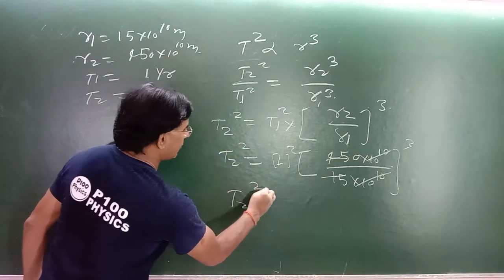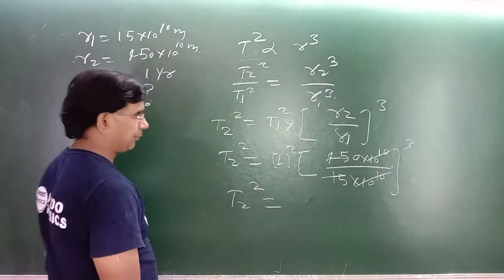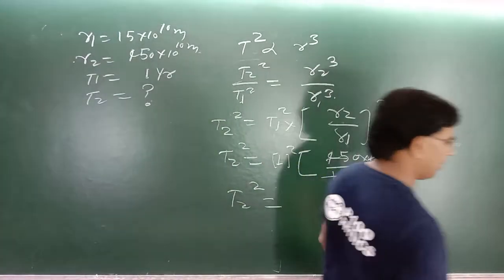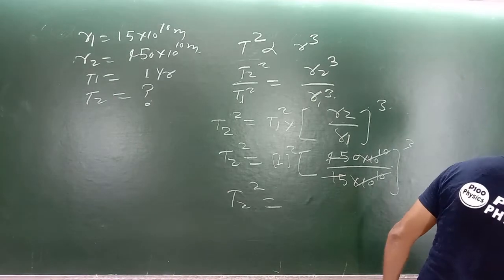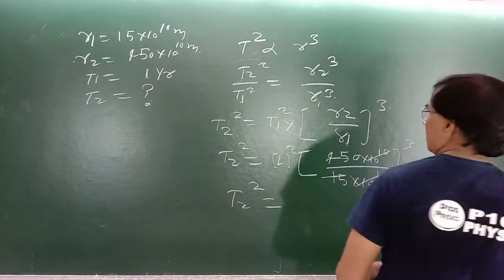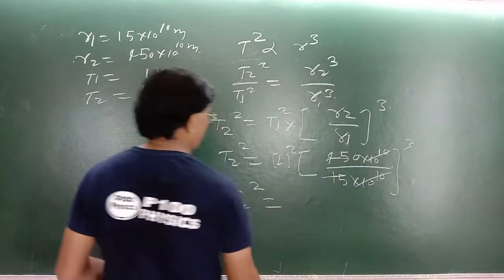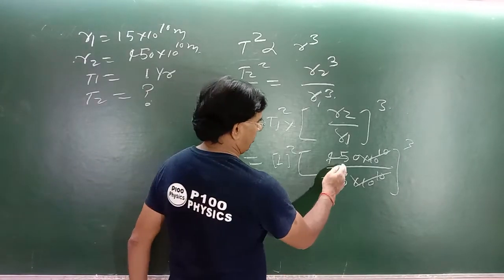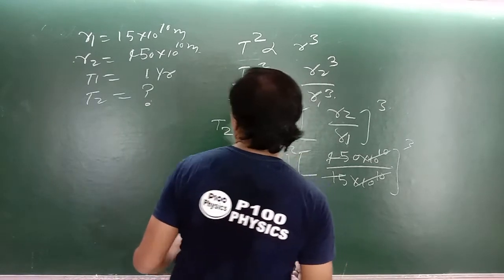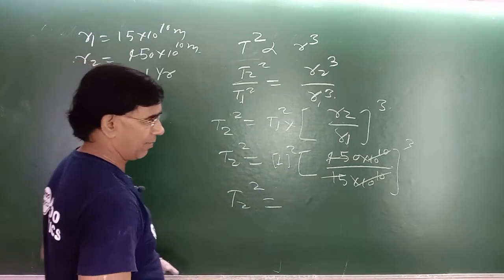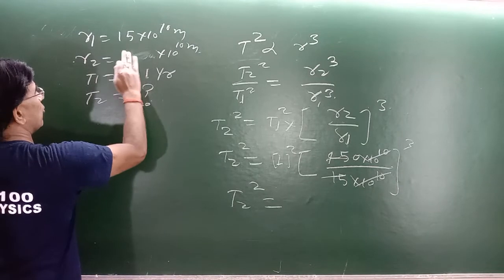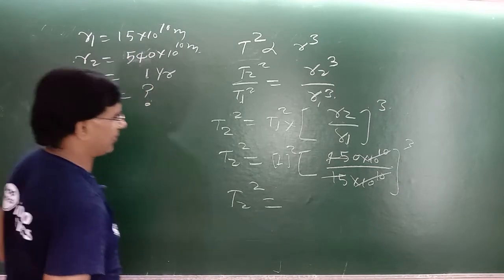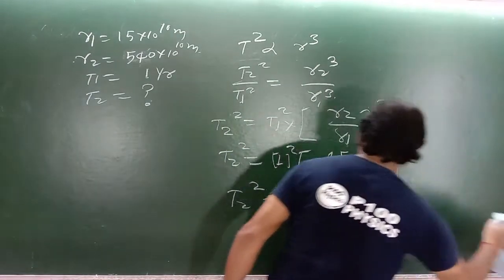Therefore, T2 square will be how much? Mind here, 450 was given, no problem, but it is not 450, it is 540 given in the question.